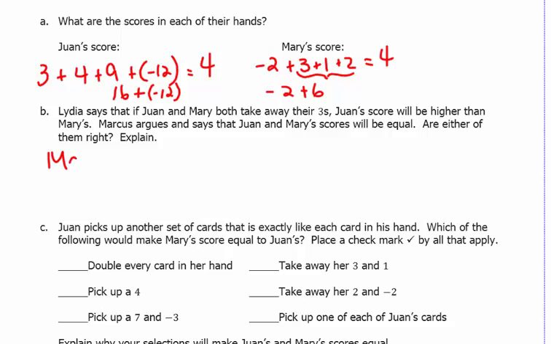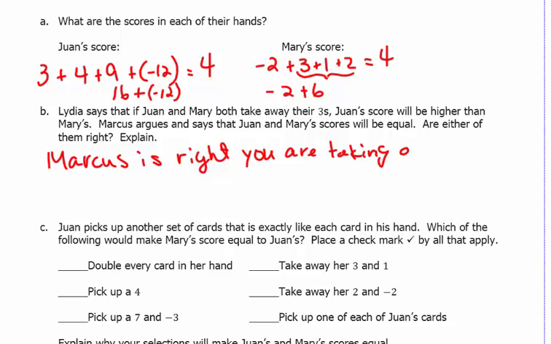So Marcus is right. You are taking away the same number from equal totals.